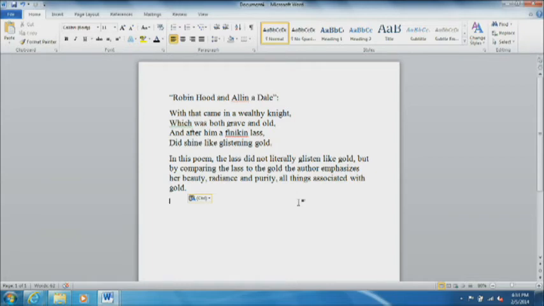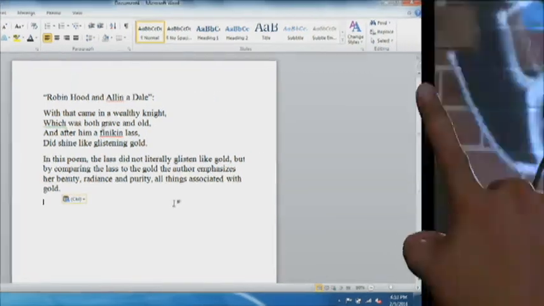So what they're saying here in this poem is they're comparing this lass, which is a girl, to glistening gold. So it's not really saying that she literally glistened like gold, but it's comparing her to gold, her beauty, her radiance, her purity, all things associated with gold.